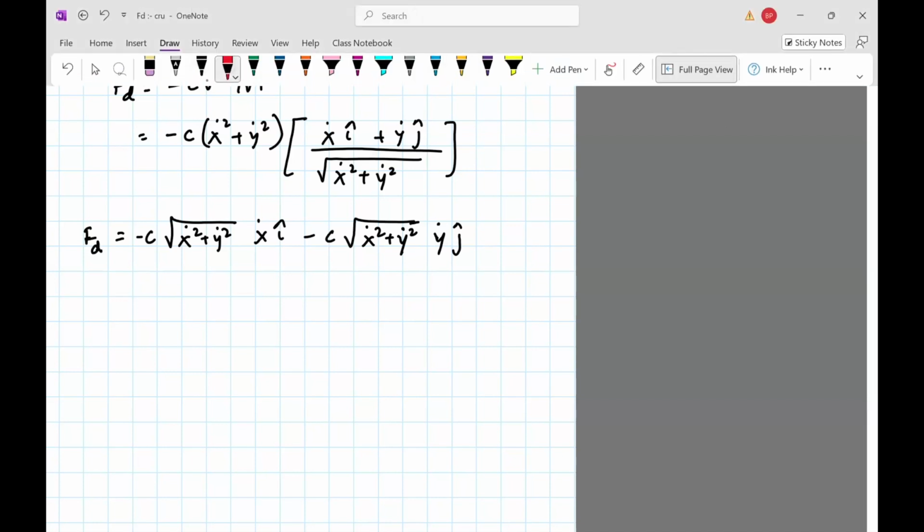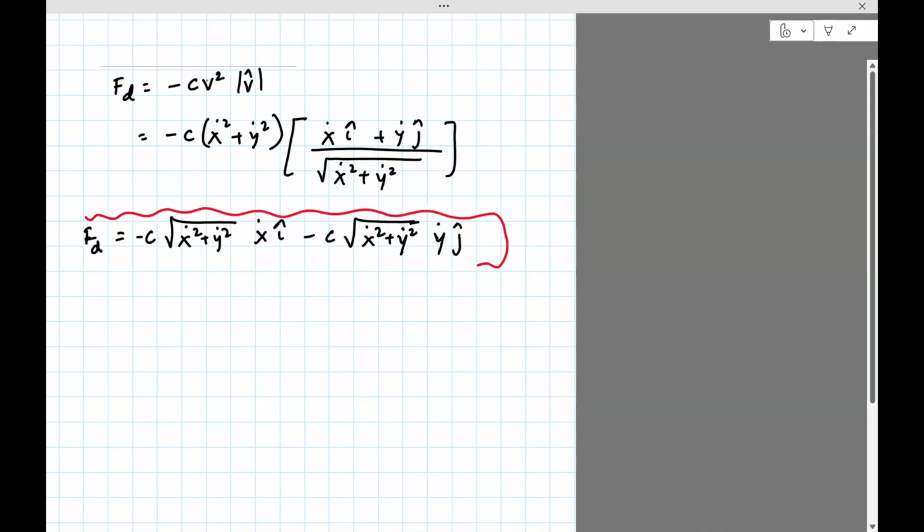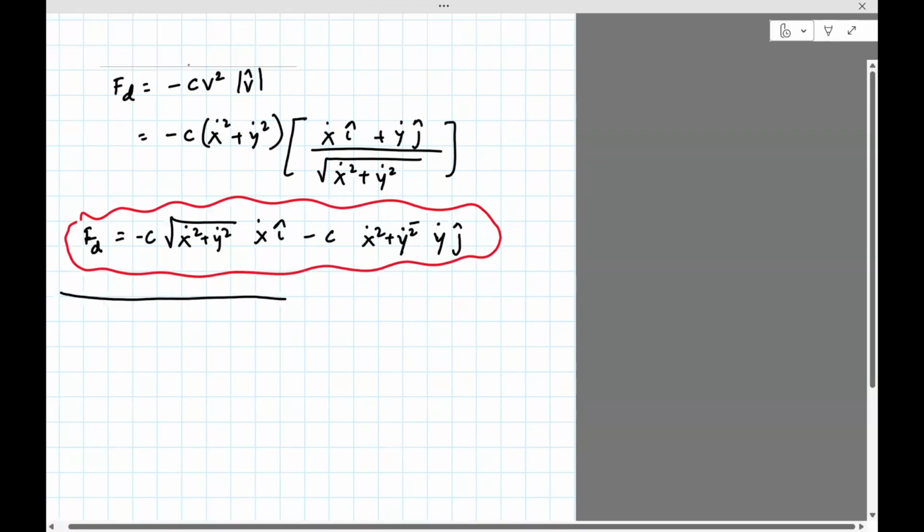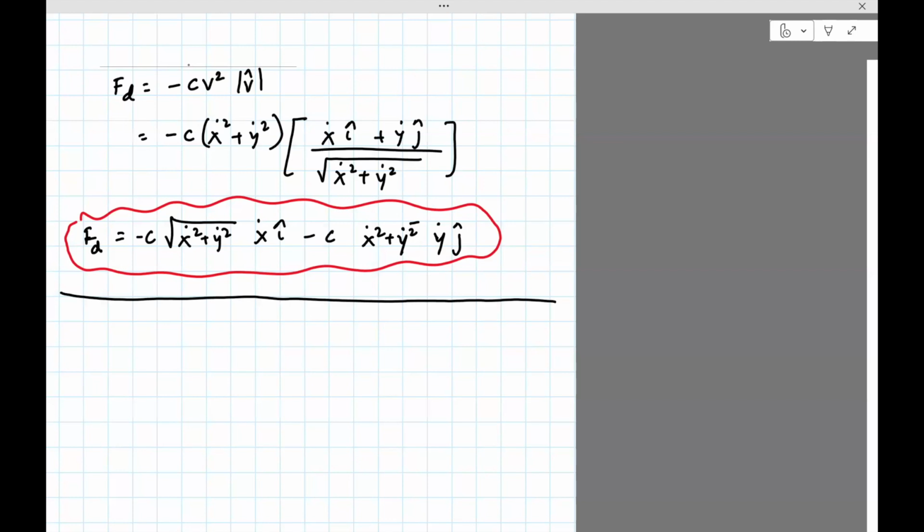Okay, so we'll need this, so we'll save this for later, but that's the drag force. I haven't gotten to Euler-Lagrange yet. I just wanted this so that we can use it in a bit when we write the equations. So that's just Fd.